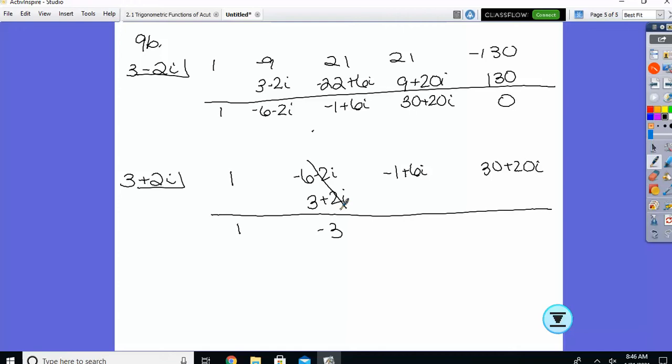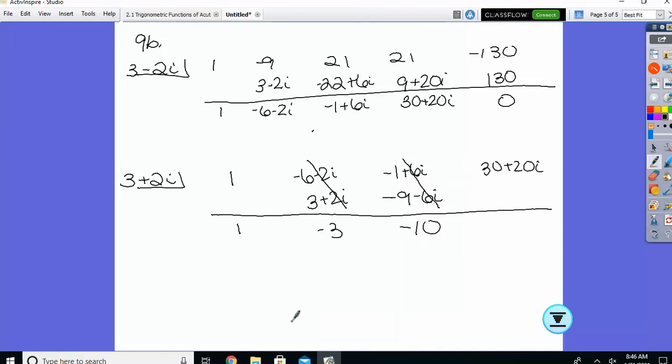So I need to do negative 3 times 3 plus 2i. You distribute, you get a negative 9 minus 6i. When we add those, what happens? The i's drop and we have negative 10.